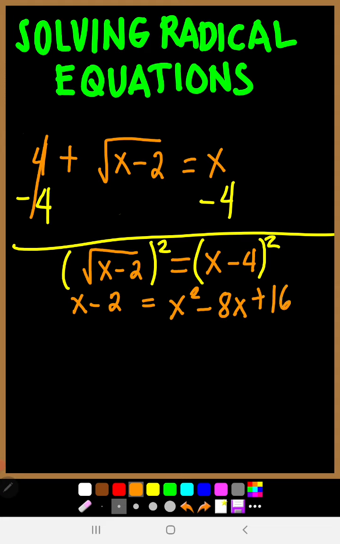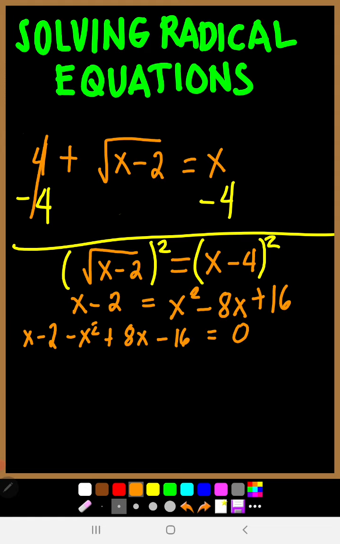Okay? And then we are going to put everything on the left side para magkasama-sama na sila. Okay? So, this becomes x minus 2 minus x squared plus 8x minus 16 equals 0.